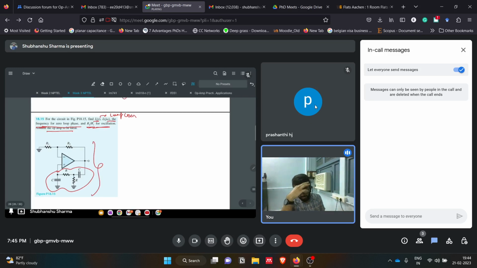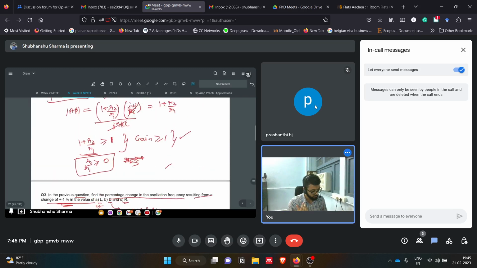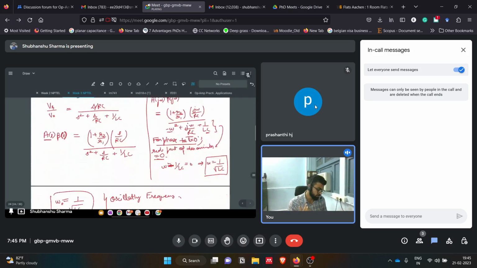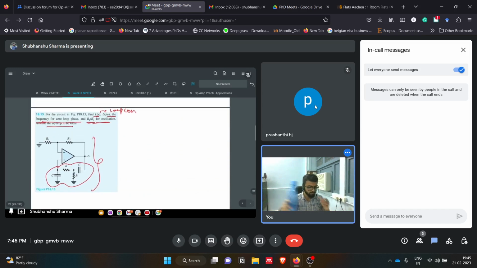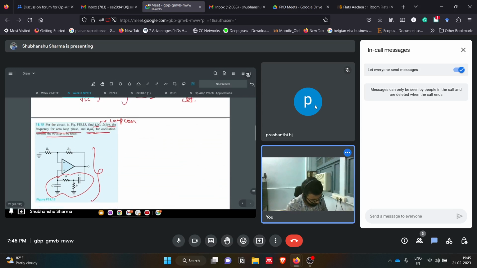Since we approached the previous question in a certain way, we'll approach this question the same way. First read this question. So we know A equals what?